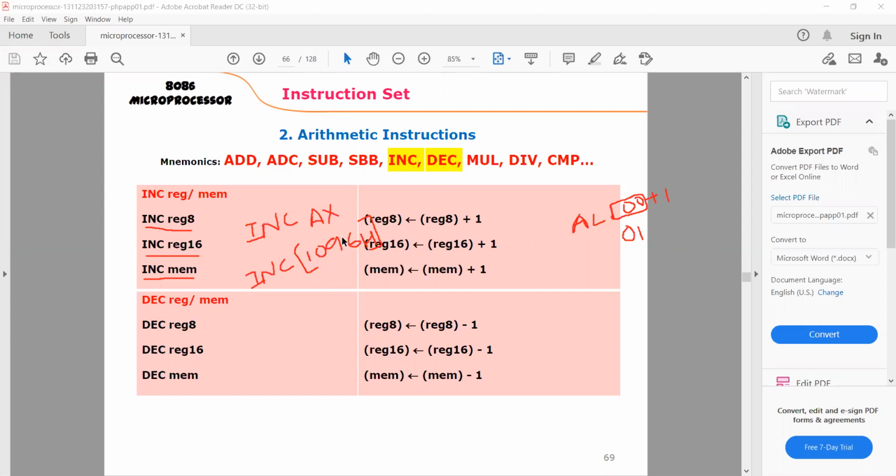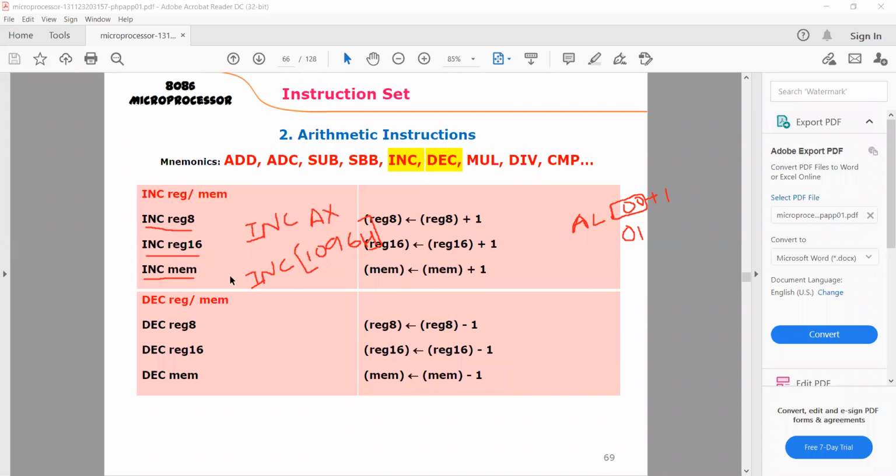Unless we specify it in memory brackets, the microprocessor treats this as data. So now this is a memory location containing some data, and that particular data will be incremented by one value. That is the meaning of this instruction.